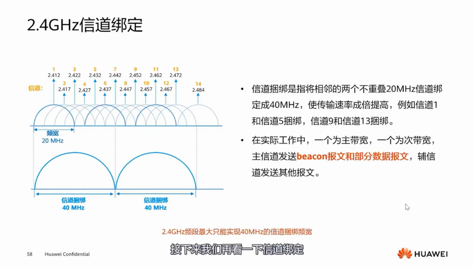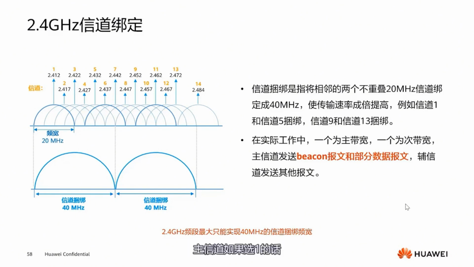Next, we look at channel bonding, which binds two adjacent, non-overlapping 20 MHz channels into a 40 MHz channel. Although two channels are bonded, one acts as the primary bandwidth, and the other as secondary.